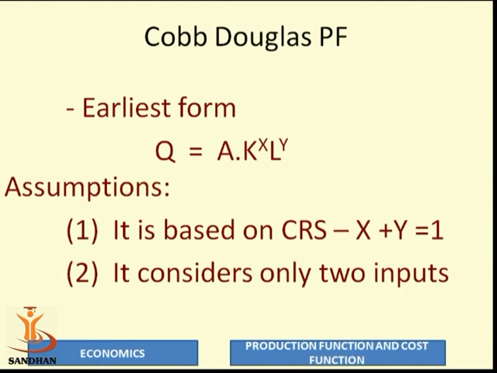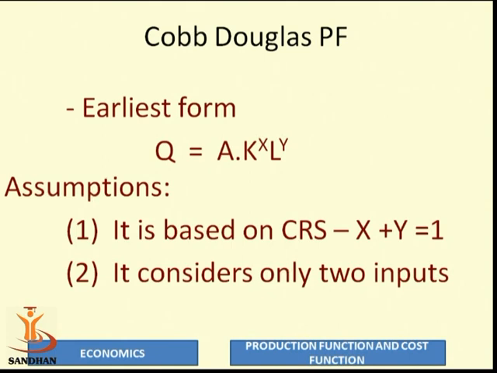One of the earliest forms of production function was given by two American economists, Cobb and Douglas, named after them. It says that production is the function of two important inputs, that is labor and capital. K indicates capital and L indicates labor, and the exponents can be alpha and beta.